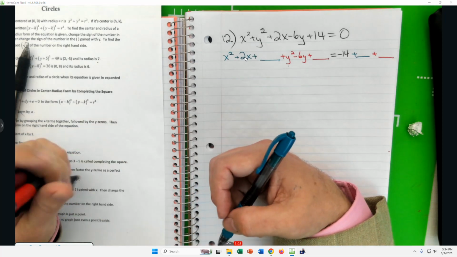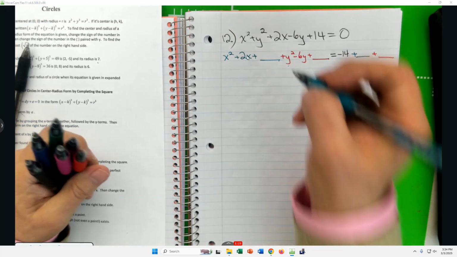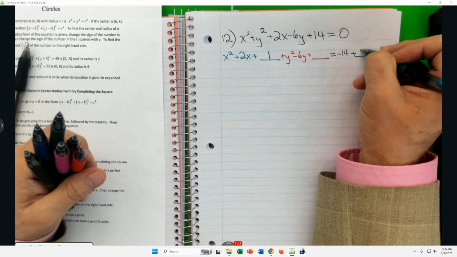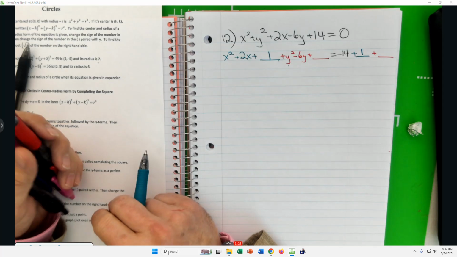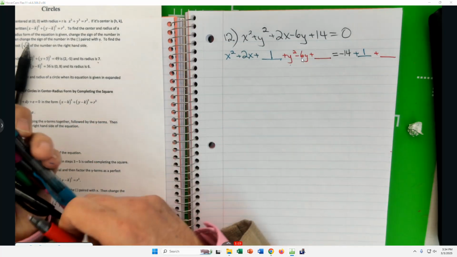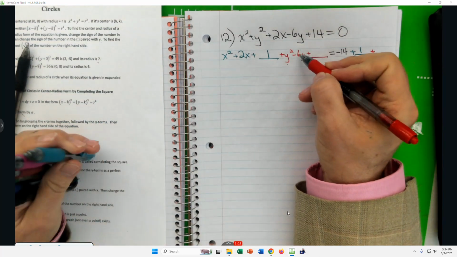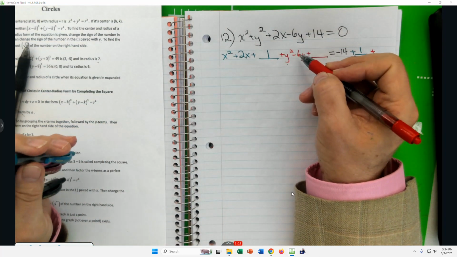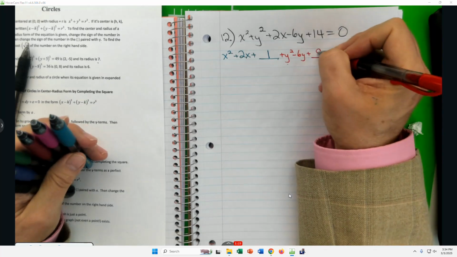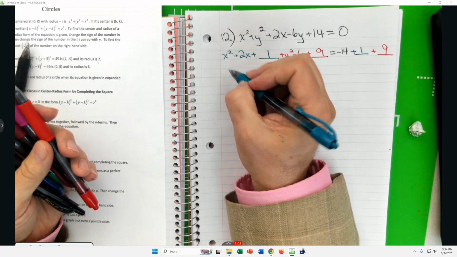I couldn't hear you. 1. 1, I agree. 2 divided by 2 is 1. 1 squared is 1. Put 1 in both blanks. What number's going to go in the red blank? 9. 6 divided by 2 is 3. 3 times 3 is 9. So we can factor.